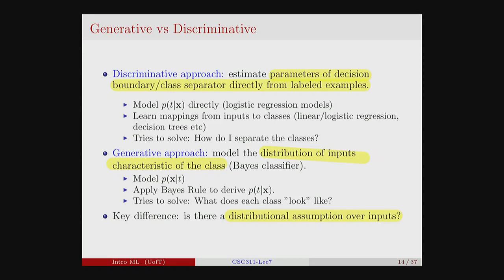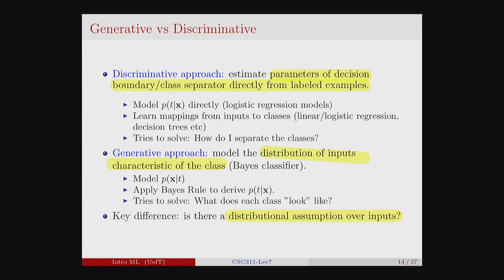So to take a step back, discriminative classifiers like the ones we've learned before and the ones you'll be tested on estimate parameters of decision boundaries or class separators directly from labeled examples. So you're taking labeled examples directly and you're attempting to model this P of t given x, the probability of a target given an input. And you do this by learning functional mappings from inputs to classes.